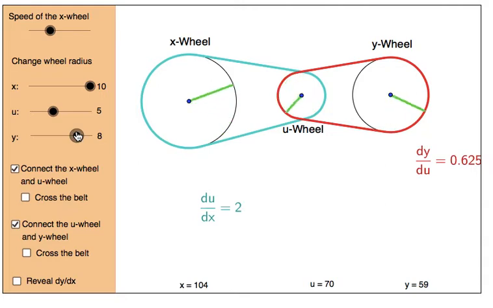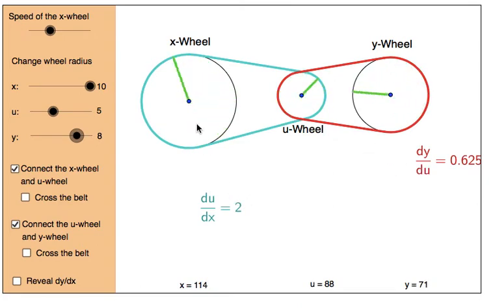Let's make it a little bit nicer number there. Okay, so one change here is going to affect about 0.625 change on the y. Okay, so the change in y over the rate of change is 0.625 for every one circle. This is going to go around 62.5%. For every one circle here, the u is going to go around 200%.